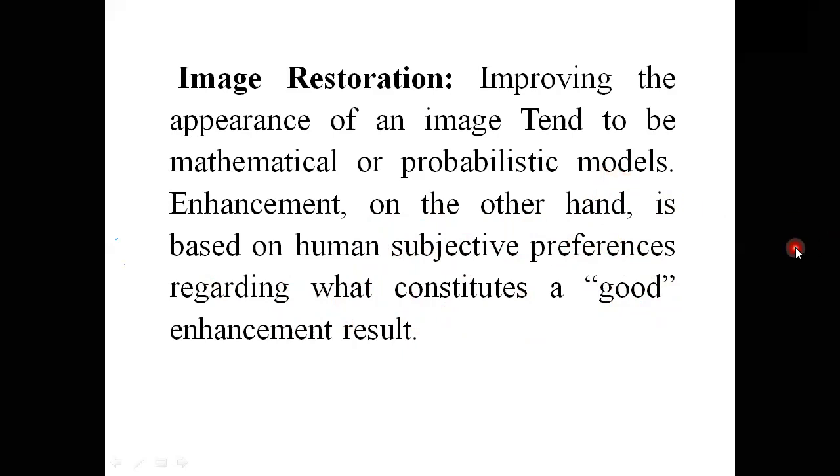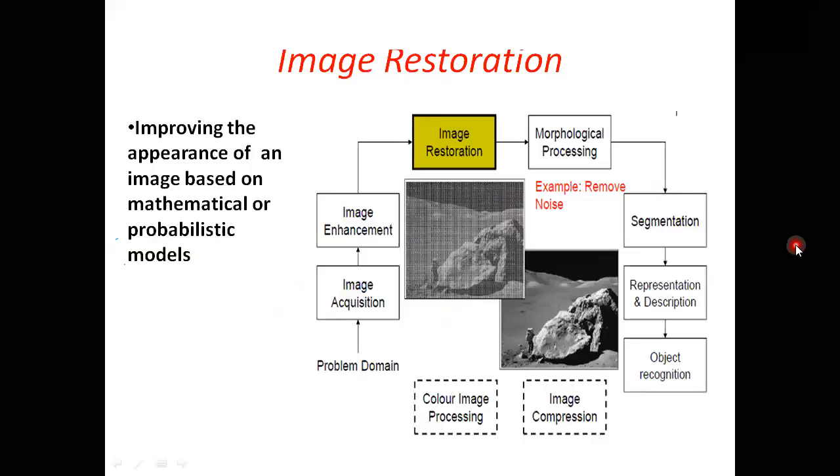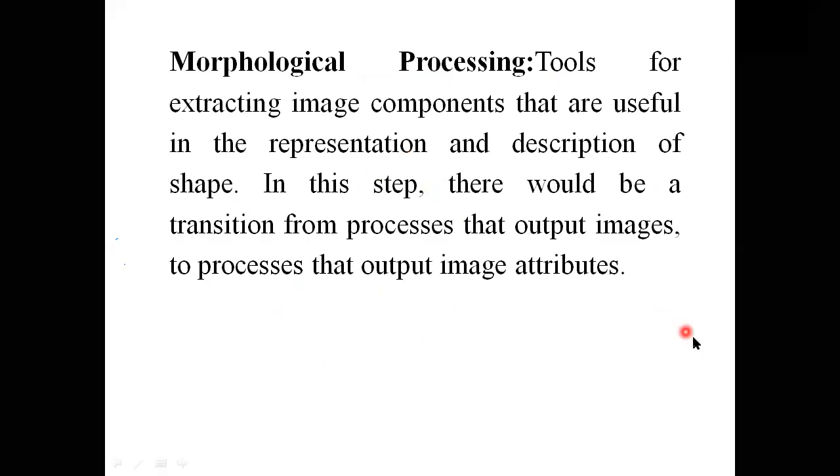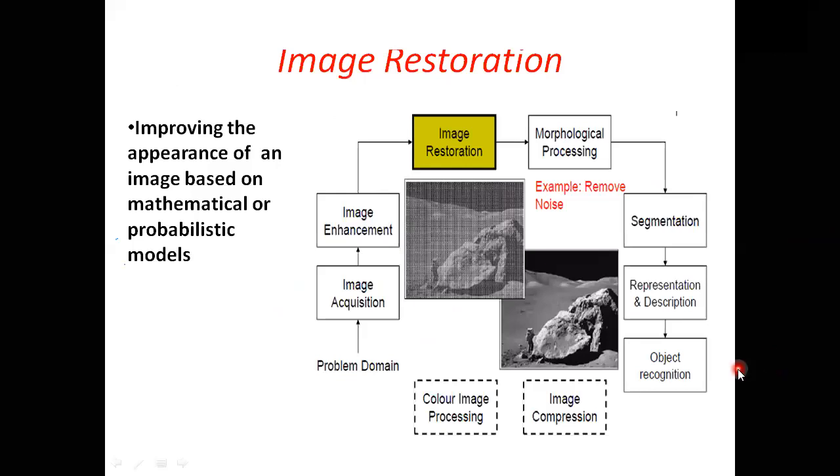So see here, this is an image restoration technique. This will be highlighted here. In this, we remove noise by using the image restoration technique. This is the degraded image.